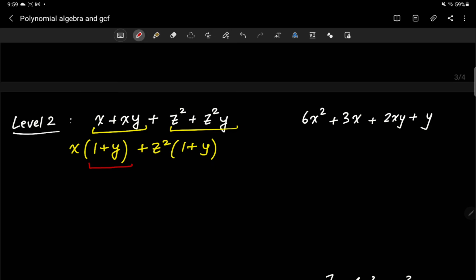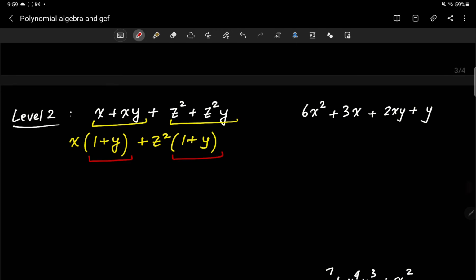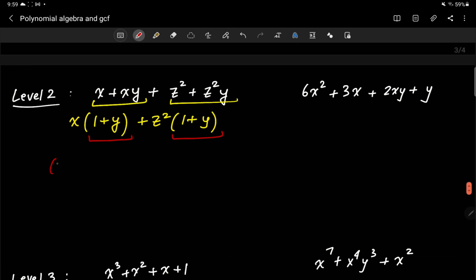However, we notice that this (1 plus y) appears in both, right? Which means I can factor out this (1 plus y) one more time to end up with (x plus z squared). And this is now my factored form, because it consists now of a product of two expressions.